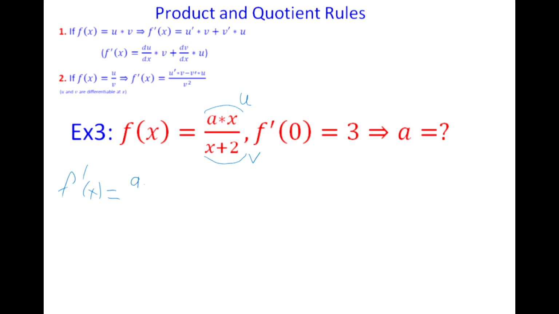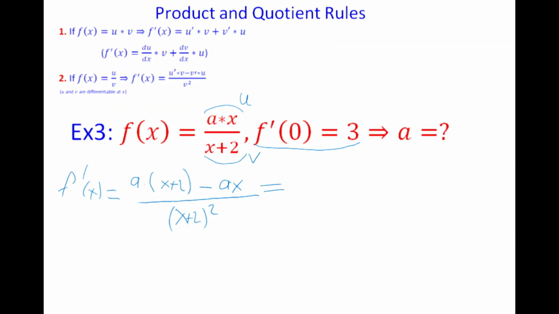So a times x plus 2 minus the derivative of x plus 2, which is 1, right? 1 times ax is going to be just ax, divided by (x plus 2) squared, guys. And this information is given to us already, so we know that f prime of 0 is 3. That means, guys, in this function, if we put 0 instead of x, then the result is 3.